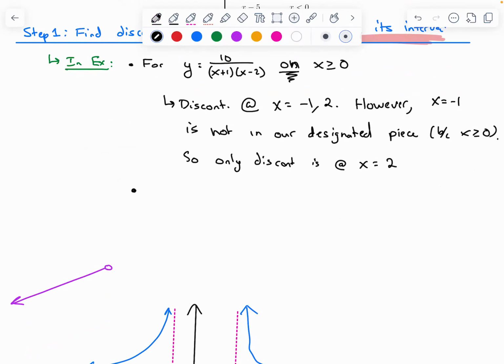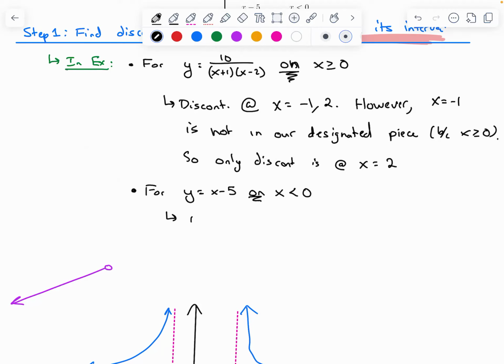Then for y equals x minus 5 on x less than 0, is this function discontinuous anywhere? No, it's a polynomial. It's not a very exciting polynomial. It's a line, but a line is still a polynomial. And polynomials are defined everywhere.